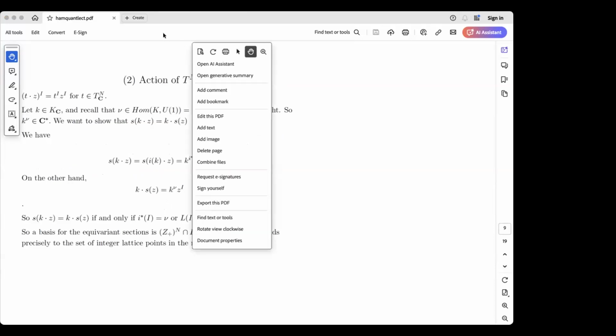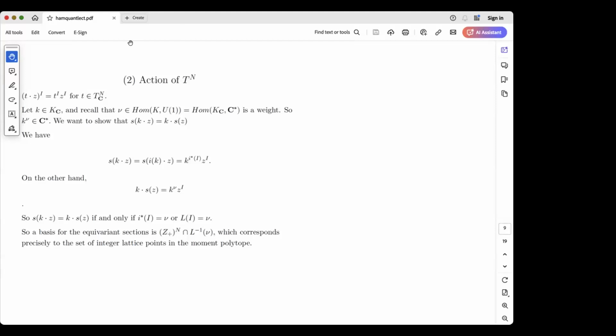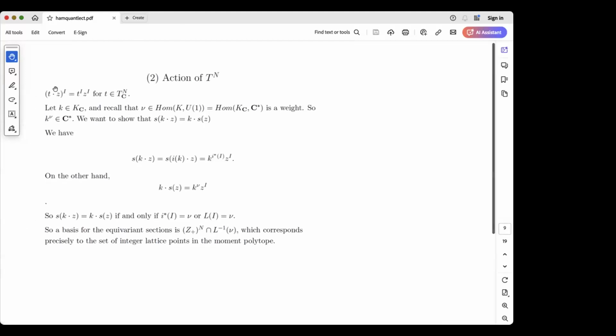So the action T dot Z to the I is just T to the I, Z to the I.